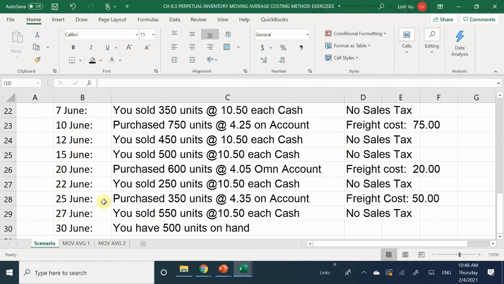So what happened on June 20th? Purchase 350 units? Wait, hold on. You said purchase 350? We are at June 20th. Purchase 600 at 4.05 with a freight of 20.